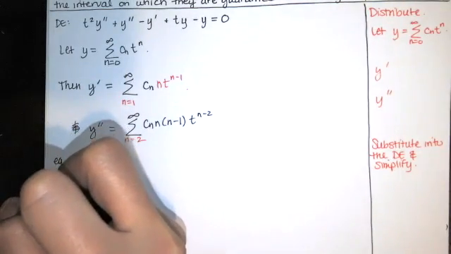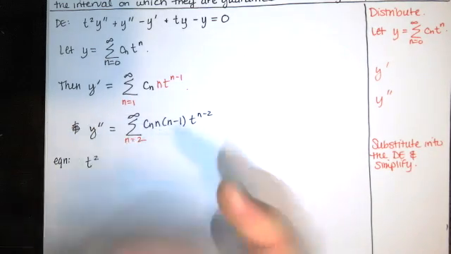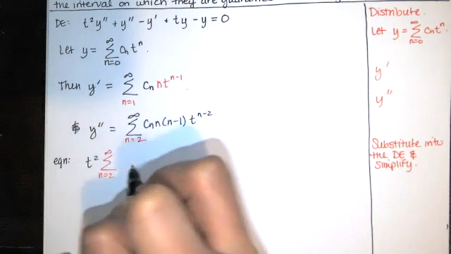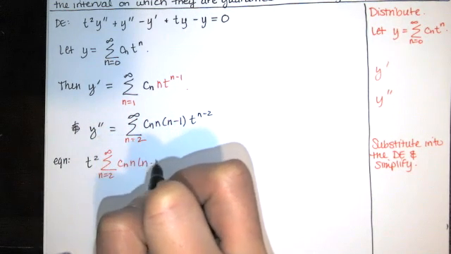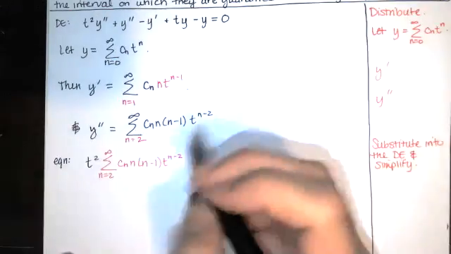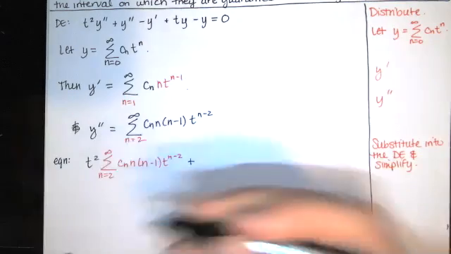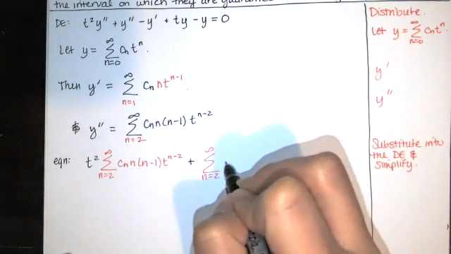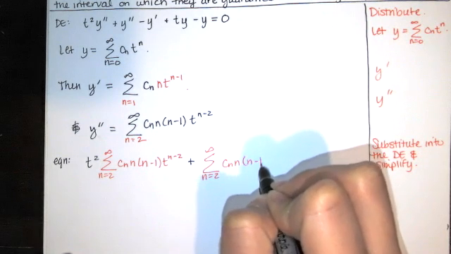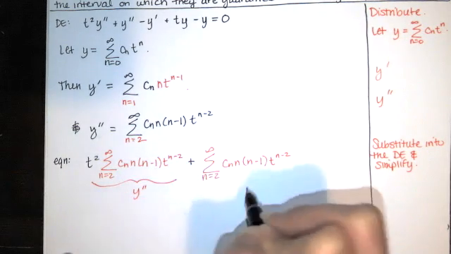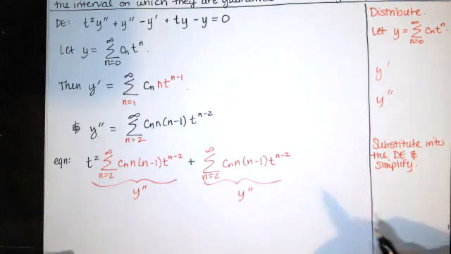So the equation becomes this, that t squared times y double prime plus y double prime, and then we're subtracting y prime.